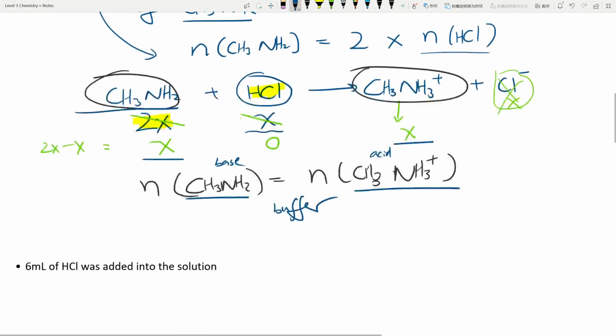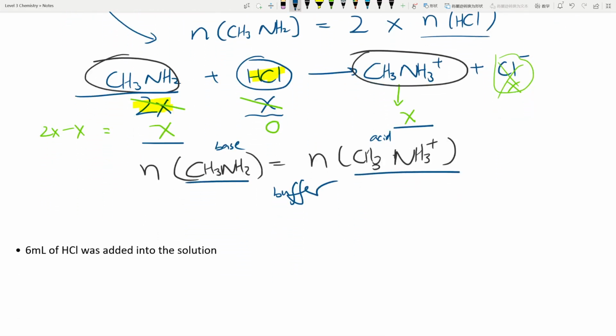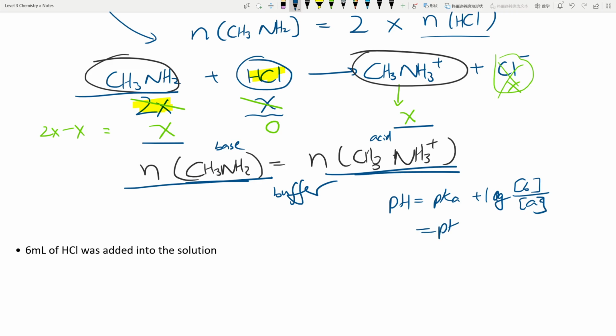Now, how do we calculate the buffer pH again? The buffer pH is calculated as pH equals pKa plus log base over acid. Again, we talked about this before. When the two moles are the same, this just means pH equals pKa plus log 1, and log 1 is 0, which means pH equals pKa.